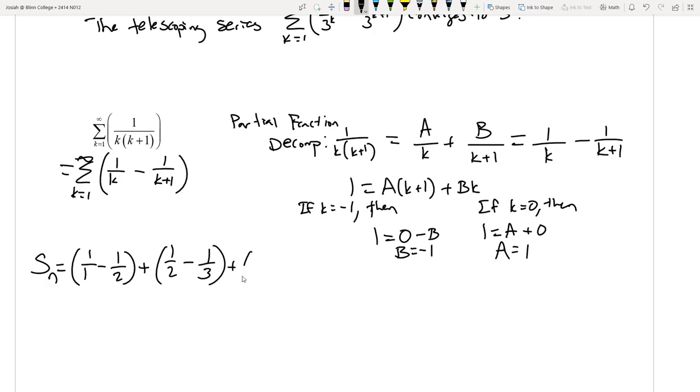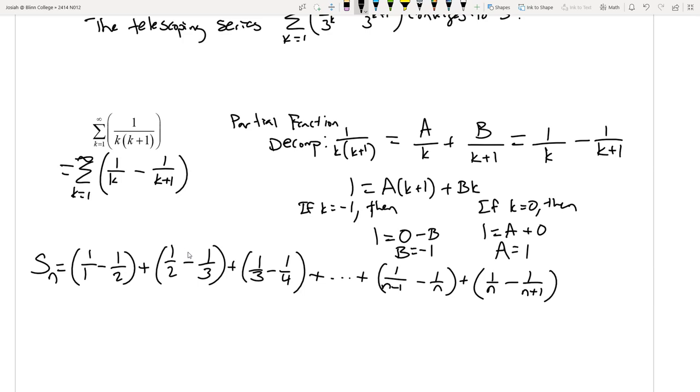Add, plug in k equals 3. I'll usually stop there and then go up to the n's. So I plug in k equals n minus 1. Add, and then plug in k equals n.